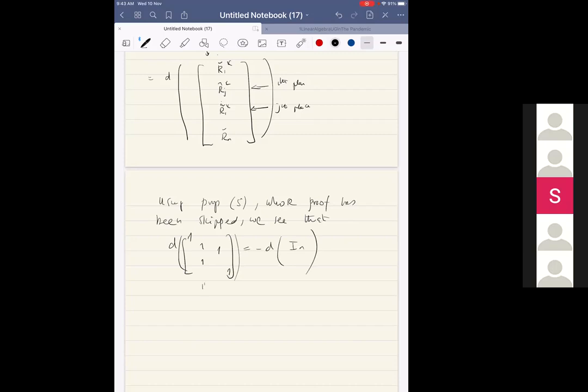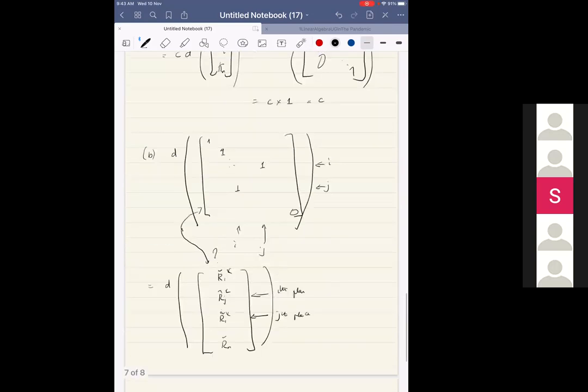So this is the elementary matrix of the second kind. And similarly, you can prove A also.